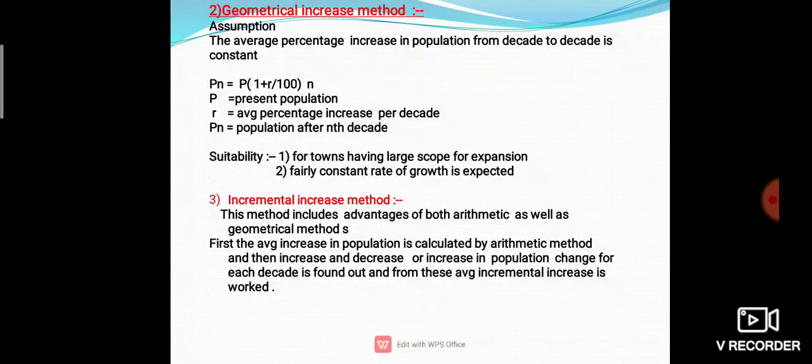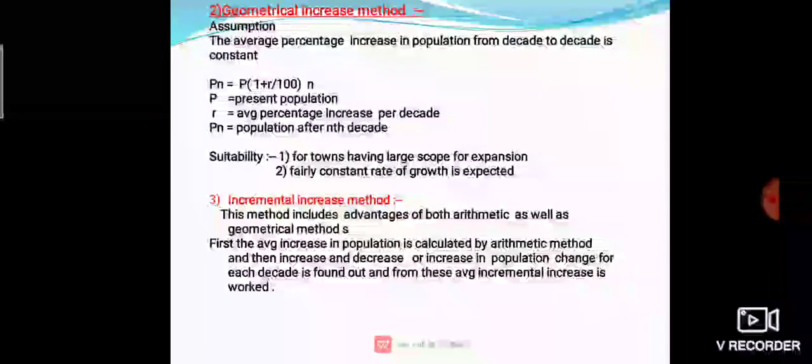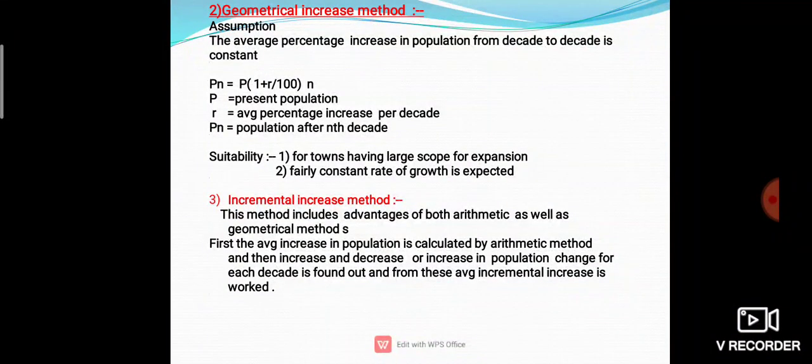Okay, then the incremental increase method, this is the third method. And one more thing, there are also some problems on this method. The formula is most important, so remember it: Pn is equal to P times (1 plus R upon 100) raised to n.